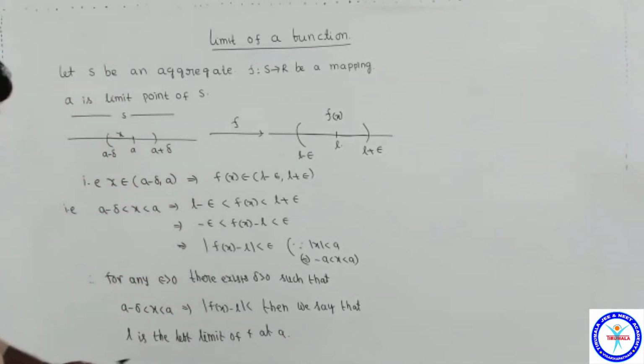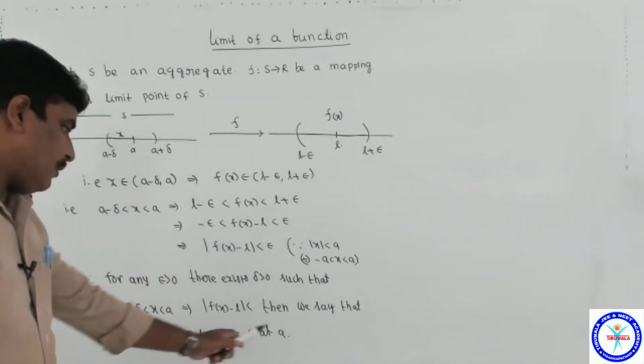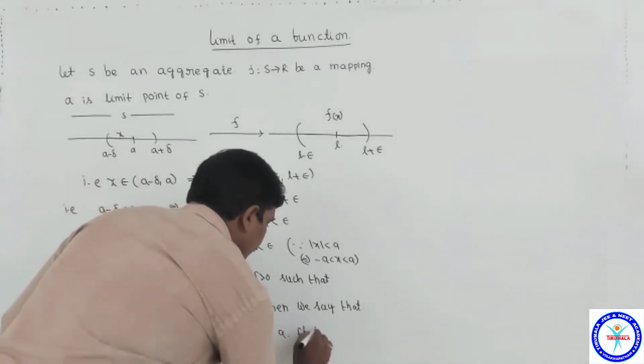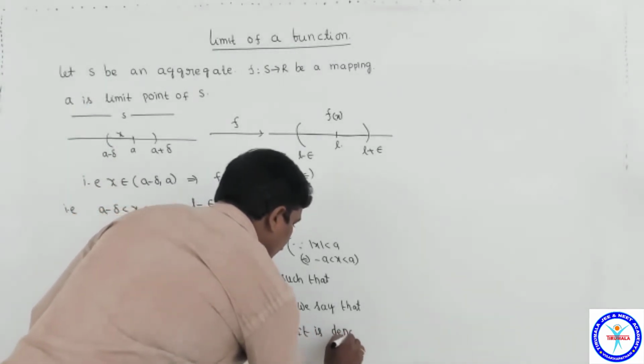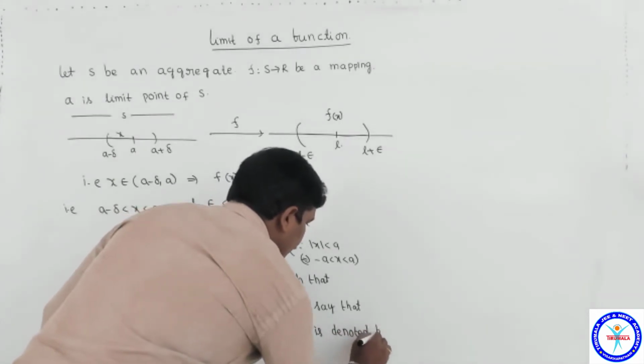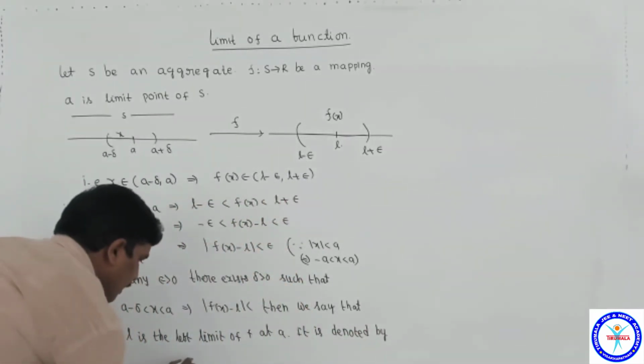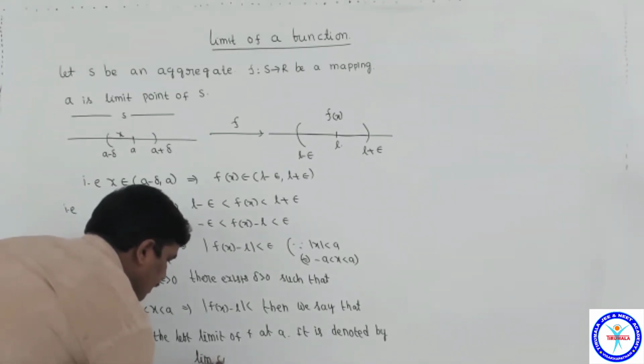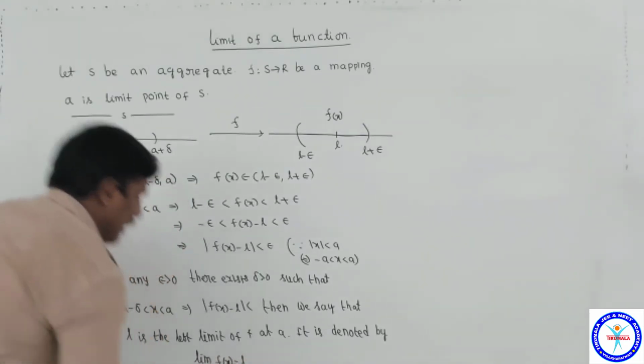Then we say that L is the left limit of f at A. It is denoted by limit x tends to A minus of f of x equals L.